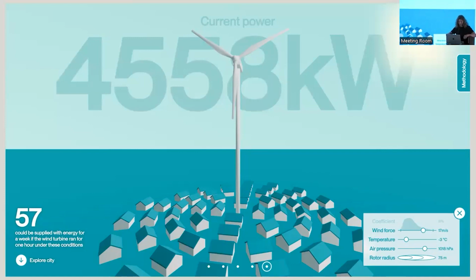That's quite interesting, because I didn't know that temperature affects it a lot. It gives a more playful feeling, because in Germany we always talk about wind turbines, but I never had an idea how much energy a wind turbine is producing.